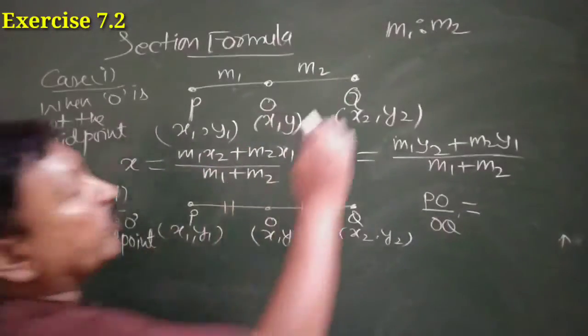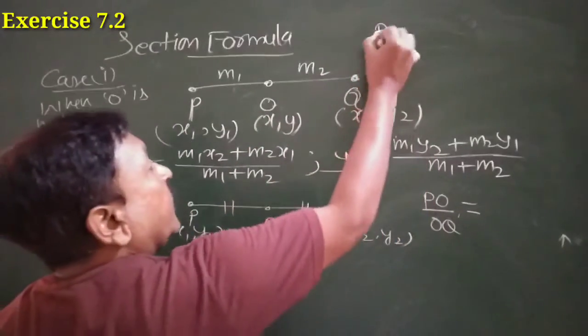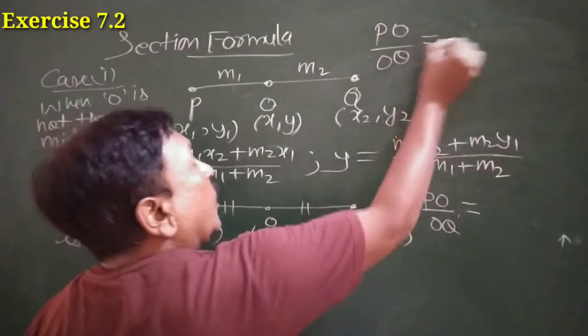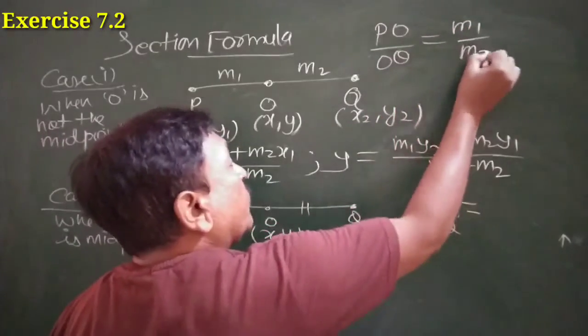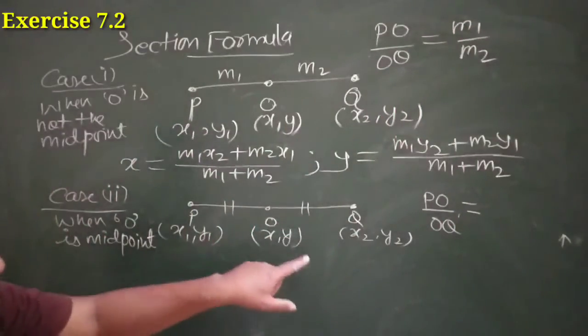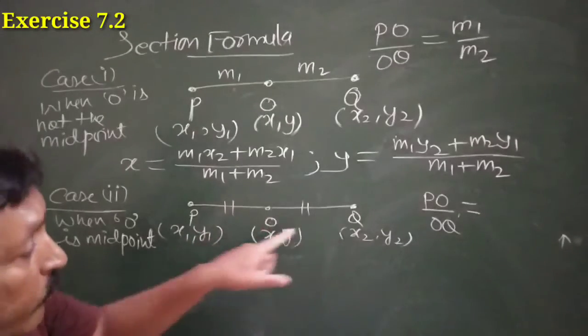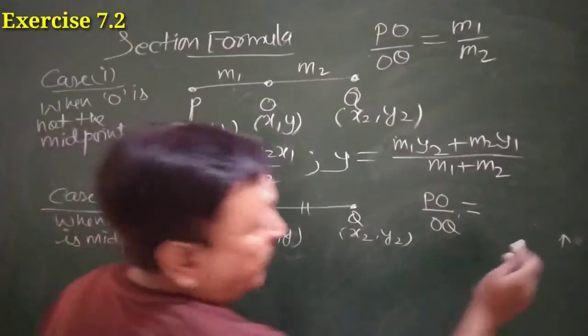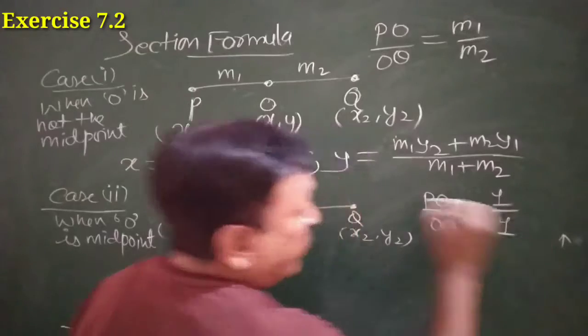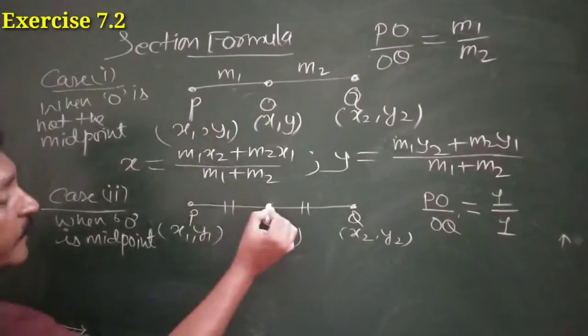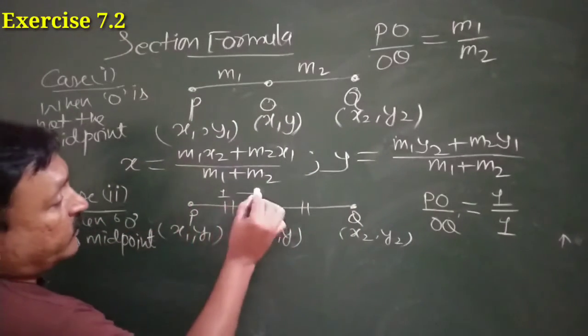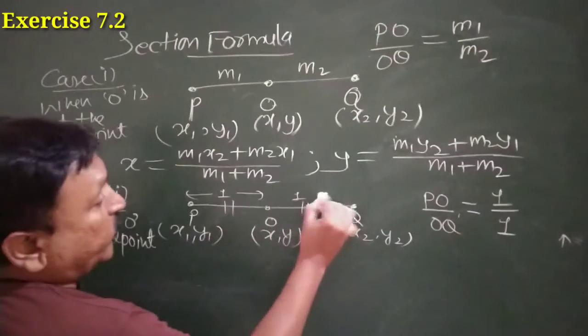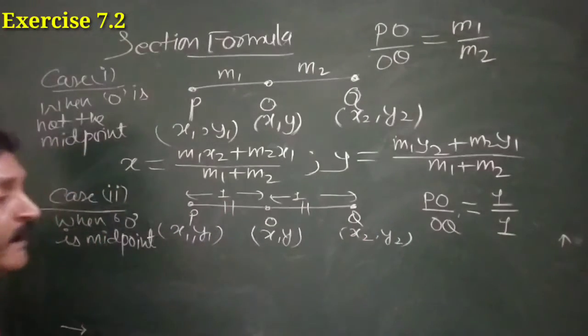In the first case, I had just told you, PO upon OQ was m1 upon m2. But in this case, when O is the midpoint, PO upon OQ, the ratio is 1:1. Always keep this in mind.